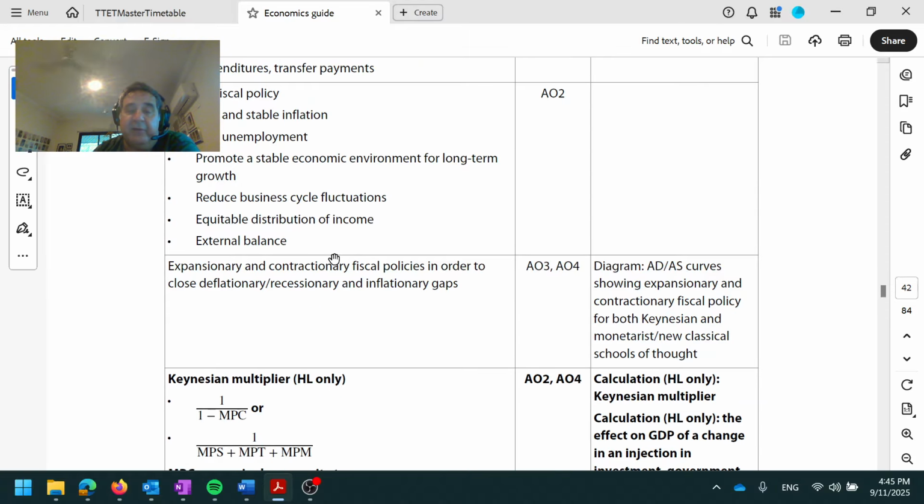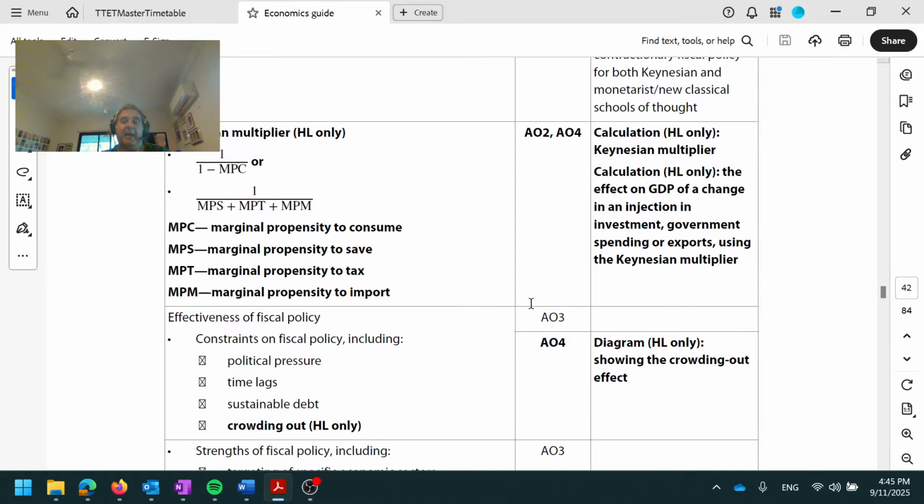Expansionary, contractionary fiscal policy, the diagrams there, AD-AS curves shifting, AD curves in particular shifting when you're looking at demand management. But whether you want to adopt the Keynesian model or monetarist model depends upon the situation you're looking at. Keynesian multiplier, you may have heard it was on paper 2, on question 2, not sure. I will know tomorrow when I have a look at the exam paper.